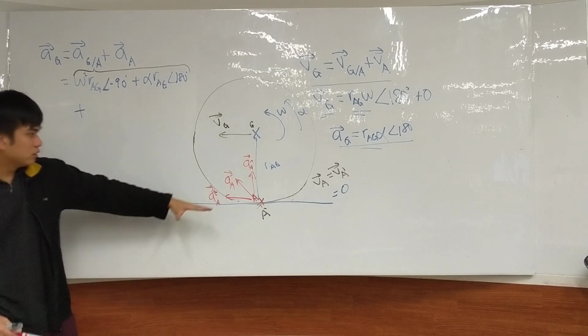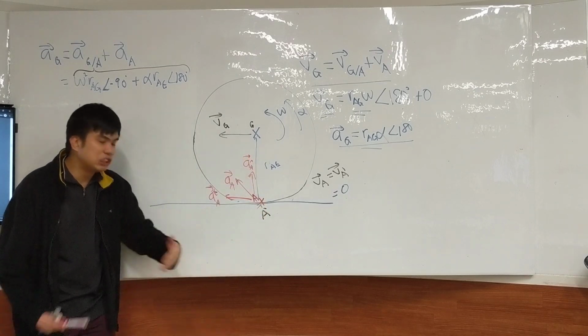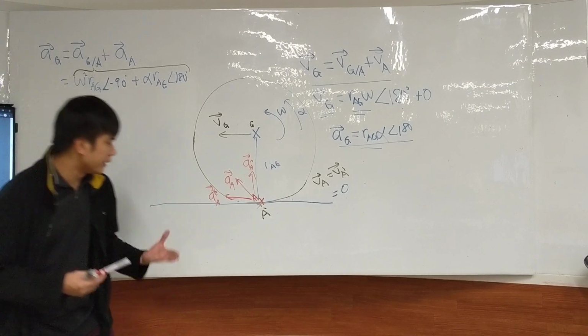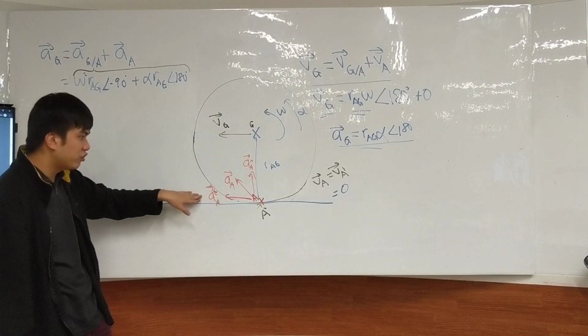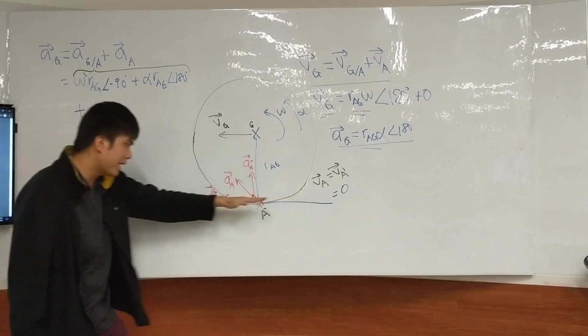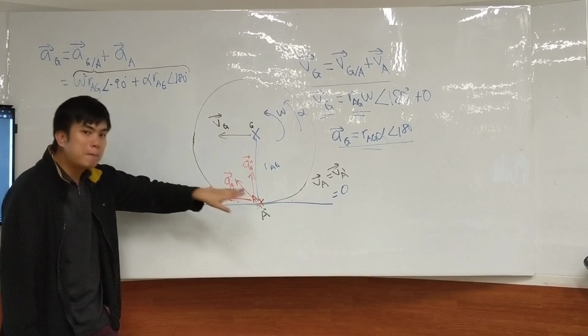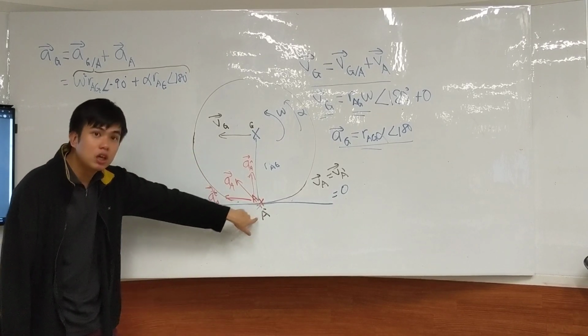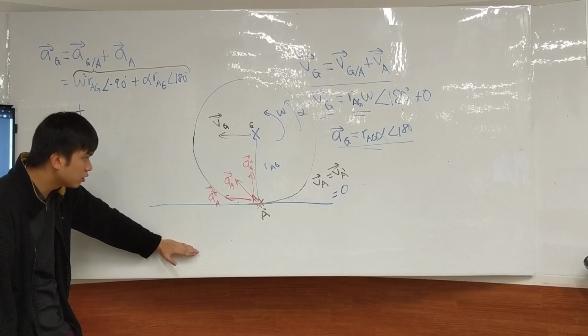Now, this body and the ground are rolling without slipping. According to the case of rolling without slipping, the tangential acceleration of A with respect to the rolling without slipping plane must be equal to the tangential acceleration of A prime along the rolling without slipping plane.